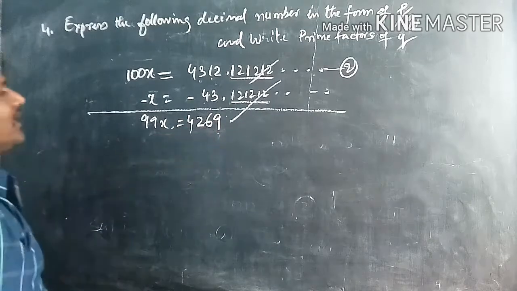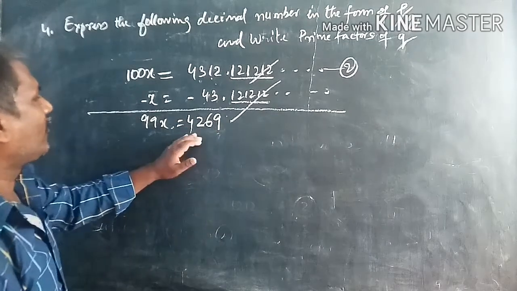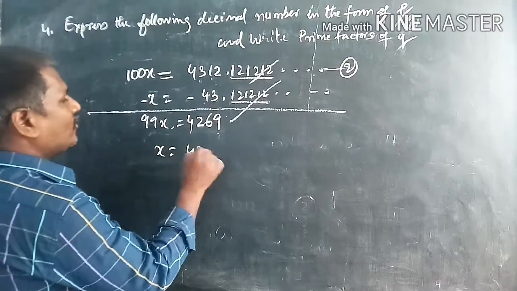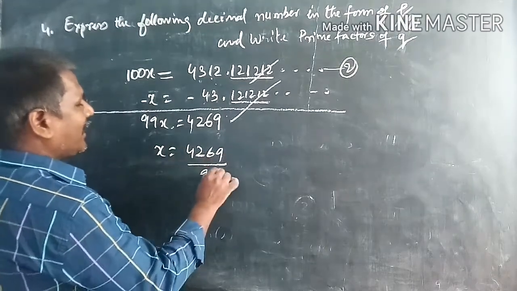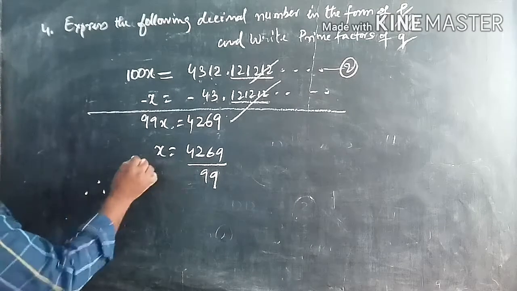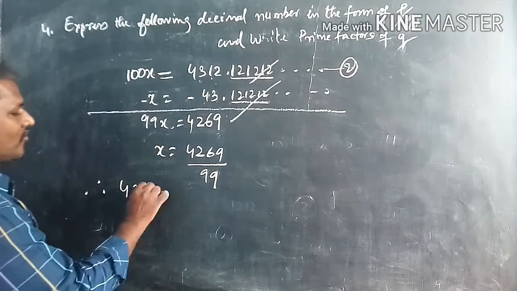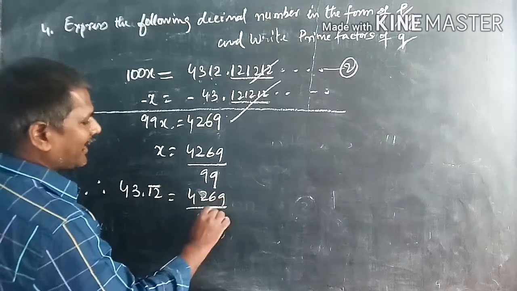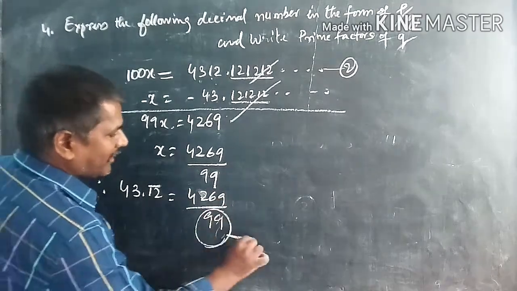So this can be written as 99x equal to 4269. Now x is equal to 4269 divided by 99. Therefore 43.12 bar is equal to 4269 by 99. This is the form in place of p by q.